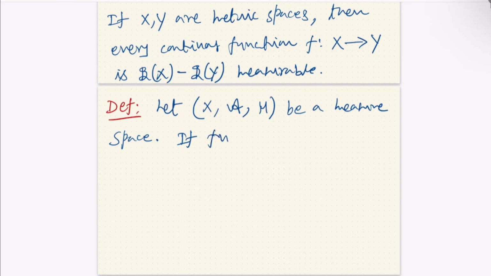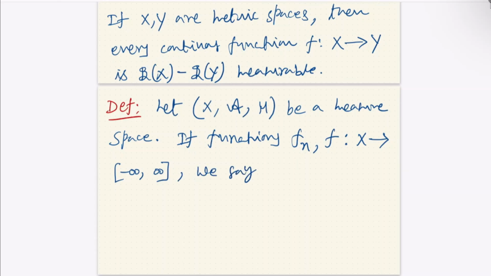If functions fn and f, the sequence of functions fn and f, both map from x to minus infinity to infinity, we say that the sequence fn converges to f.